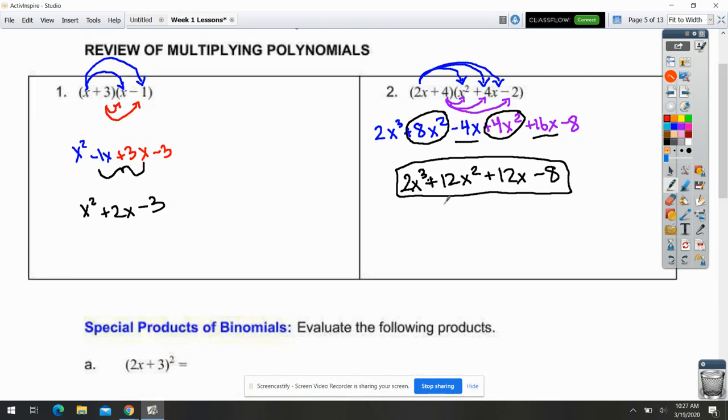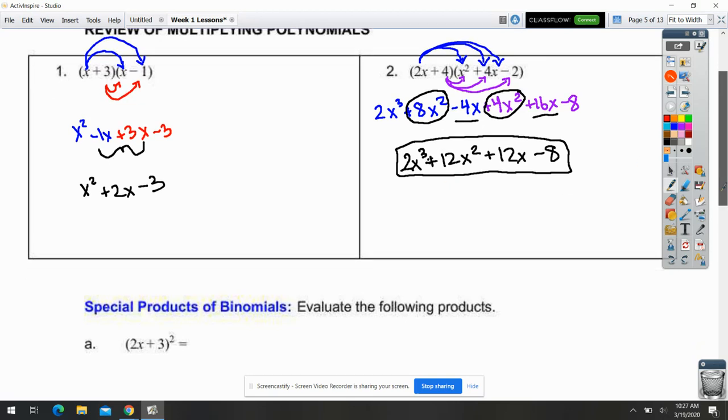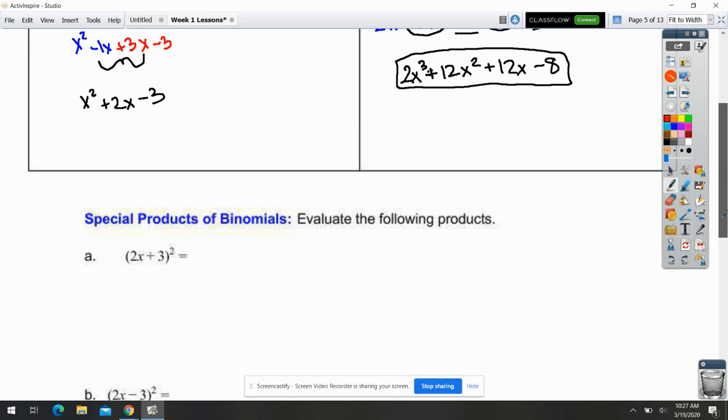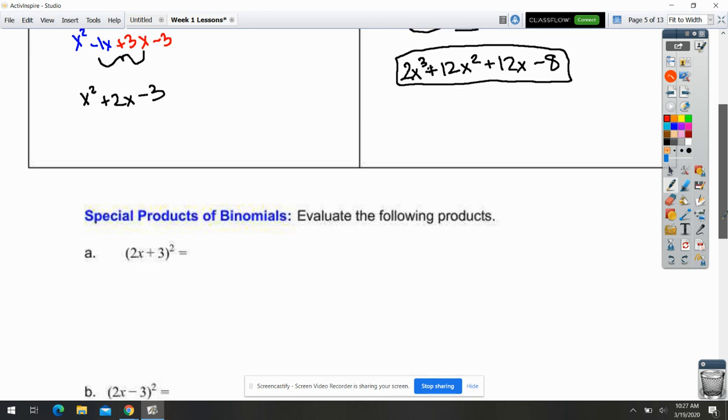So today's lesson, we're still practicing multiplying. This one is special products. Of course, product means the result of multiplication. And binomials, of course, we just discussed, are two terms.